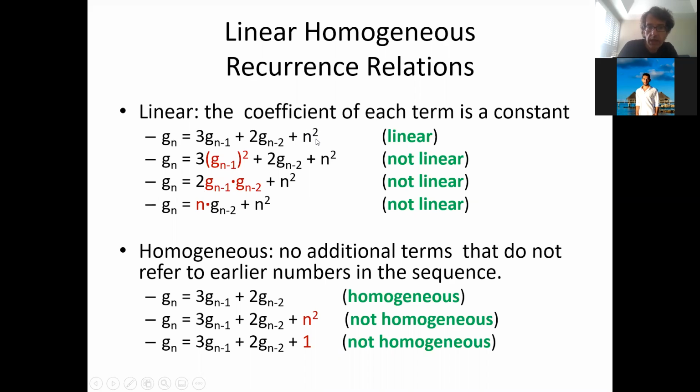Now, we call a recurrence relation homogeneous if it doesn't have this extra term. In other words, it is just a linear function of some number of previous elements, here 2. There could be only 1, or there could be 3 or 4, right? But it's a linear function of previous elements, like here, and nothing else. If such extra terms appear, we call them the non-homogeneous terms.